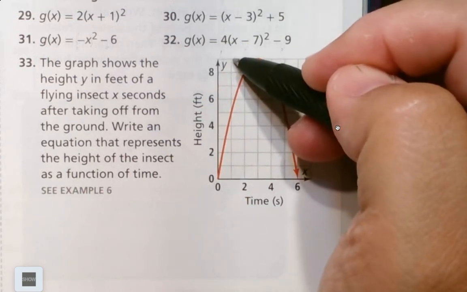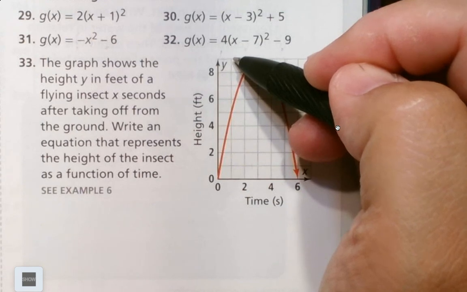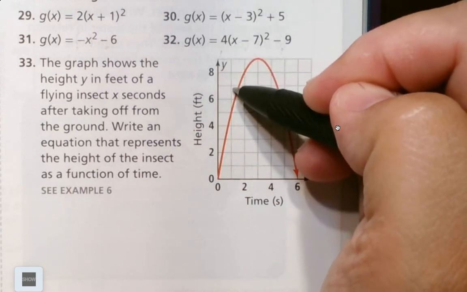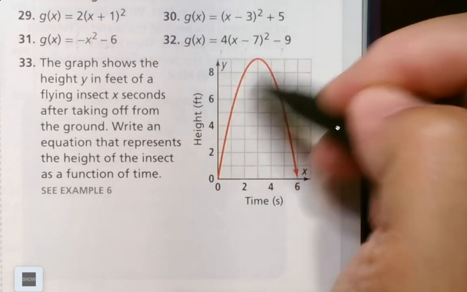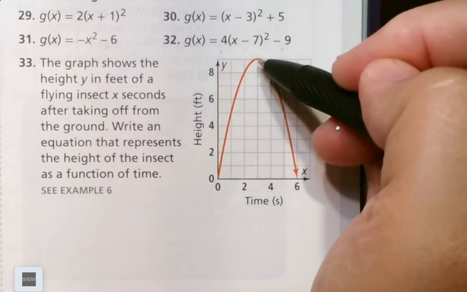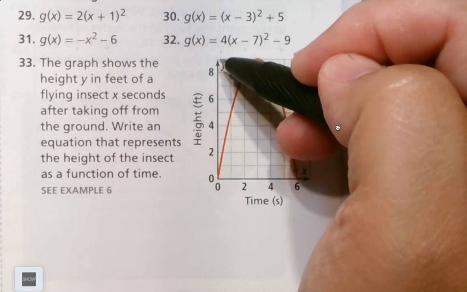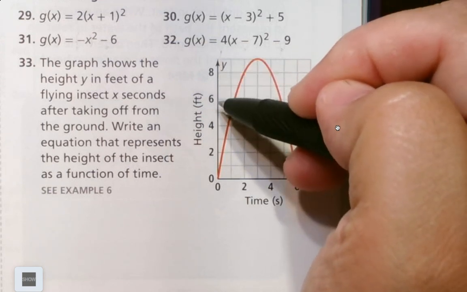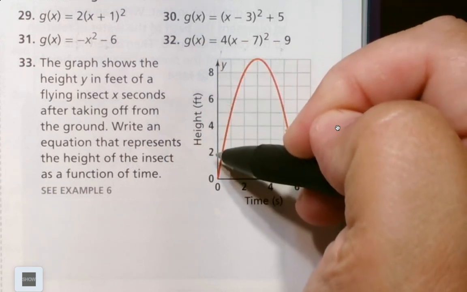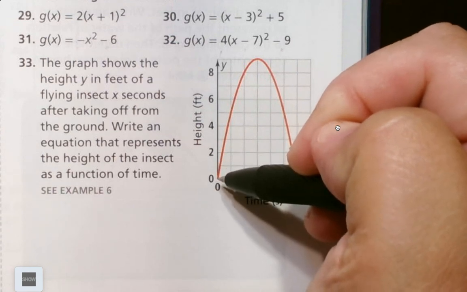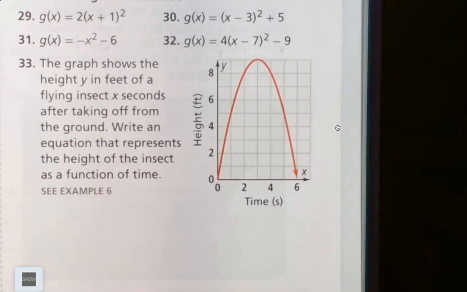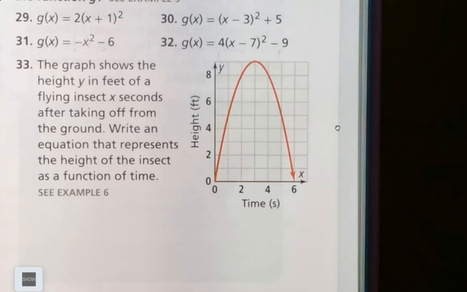Negative 2 squared is 4, so I should go down 4. 1, 2, 3, 4. Perfect. If I go 3 to the left, 1, 2, 3. 3 squared is 9, so I should go down 9. 1, 2, 3, 4, 5, 6, 7, 8, 9. Perfect. So I know this thing isn't stretched or compressed. It's the original function. There's no a value or b value.